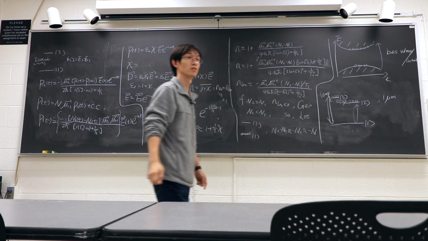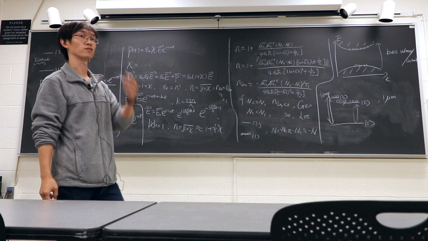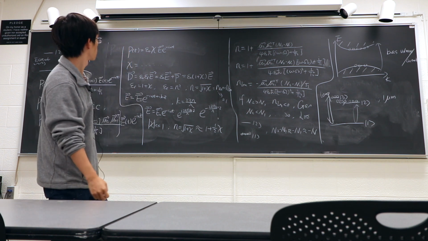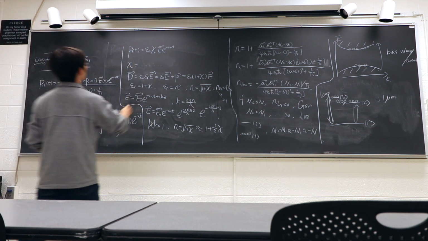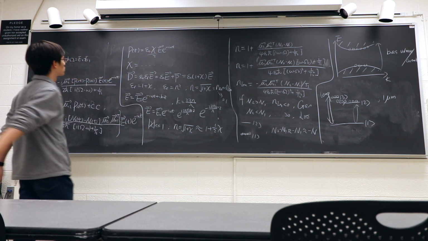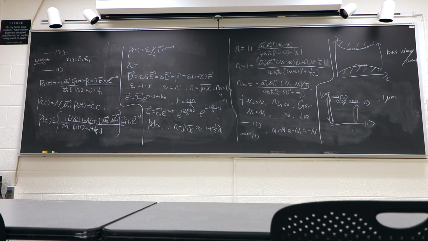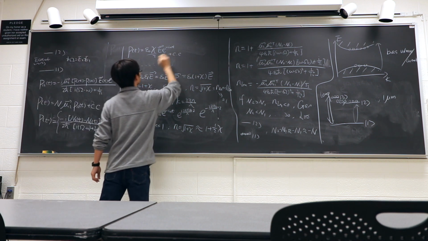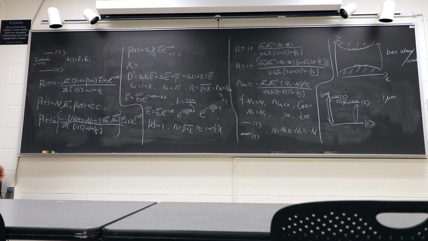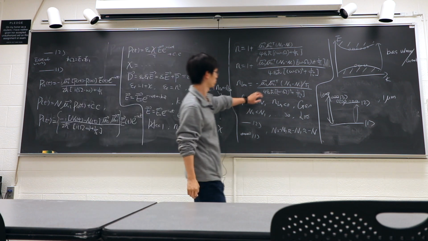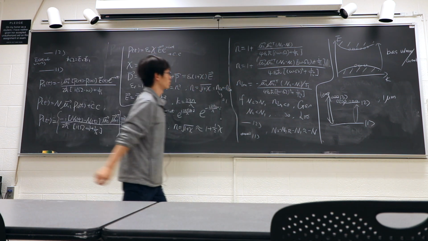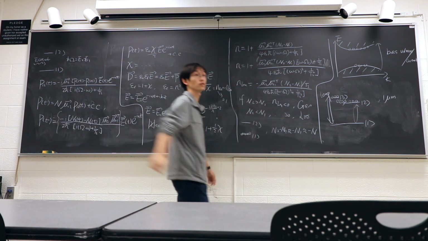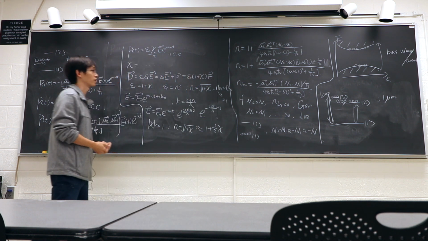And from your notes, I think I missed a factor of 2, right? Yeah. So in your definition of the polarization, I think there's a 2 here. Yeah, and you're adding the complex conjugate. Yep. So this could be 2, depending on the definition of P. Yeah. Thank you. Very good.